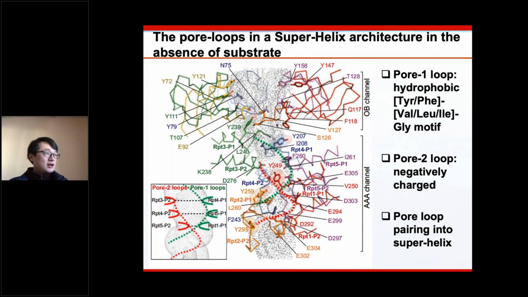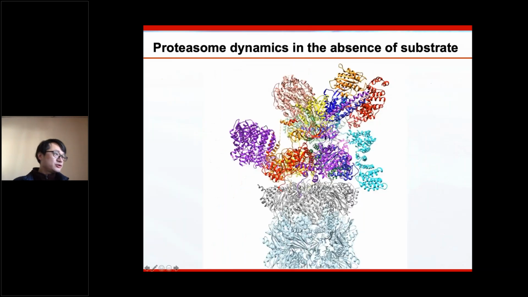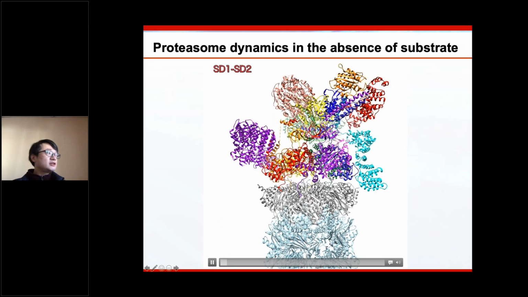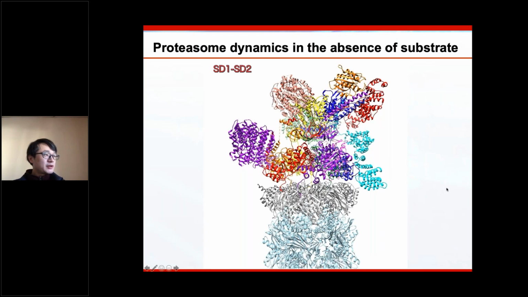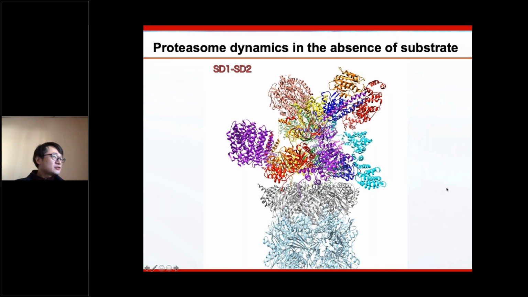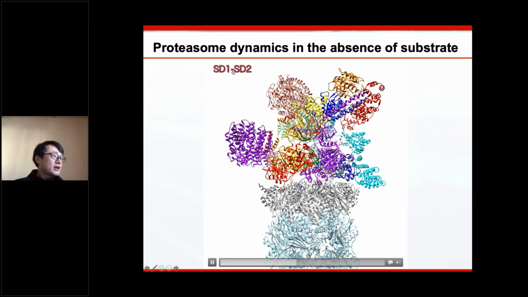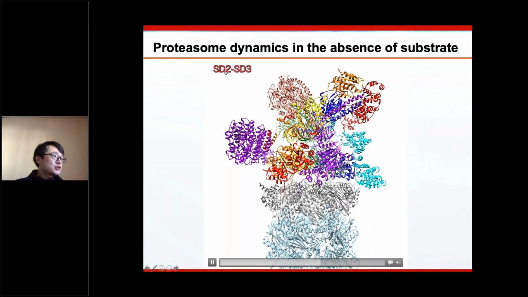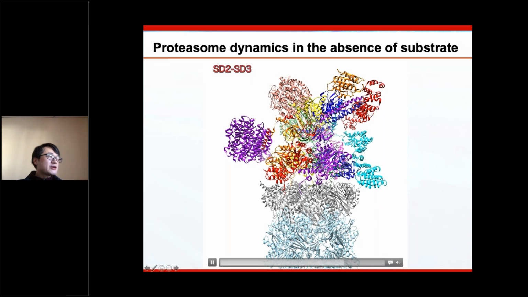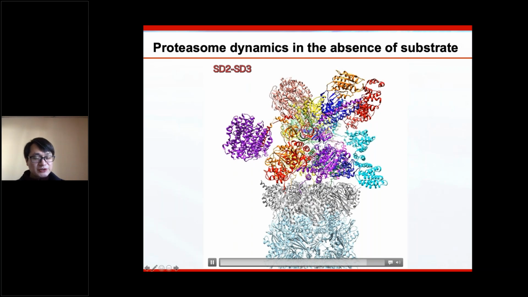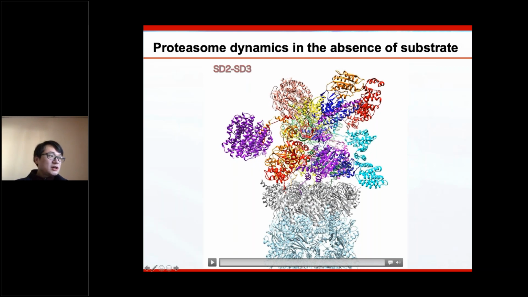To briefly summarize the proteasome structure in the absence of substrate, I'm going to use a movie. This movie is assembled from the 3 SD states, from SD1 changing to SD2, then from SD2 changing to SD3. These are the 3 states almost equally spontaneously sampled in the presence of ATP gamma S and in the absence of substrate.